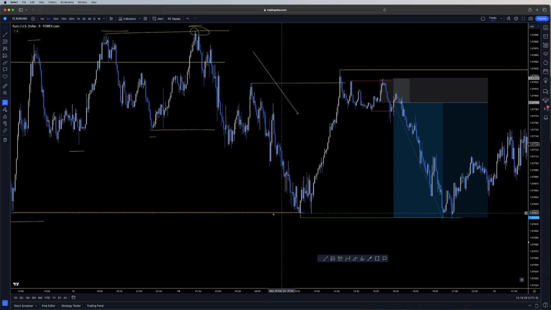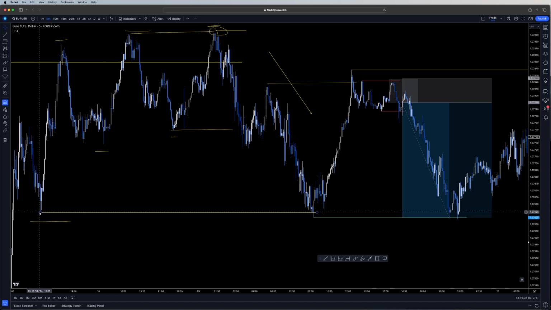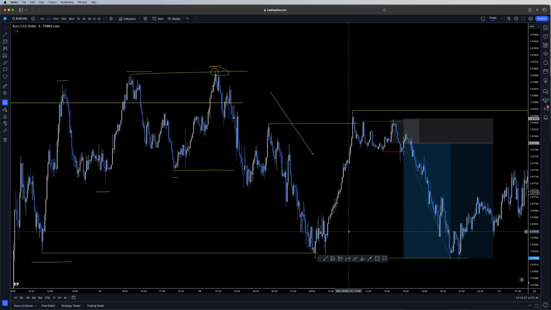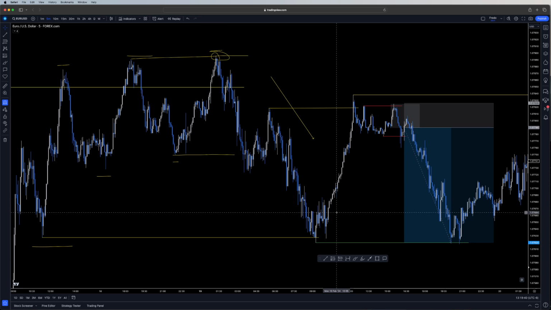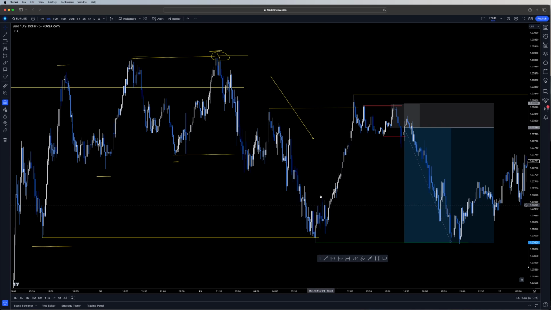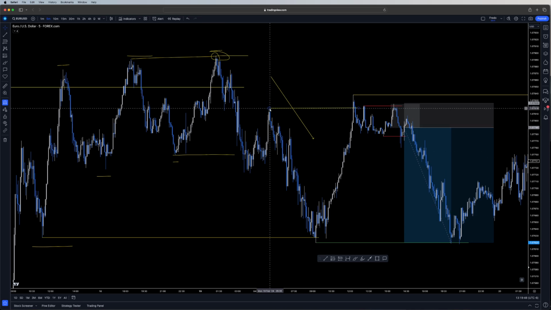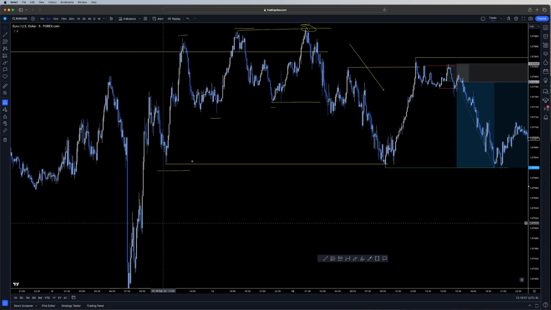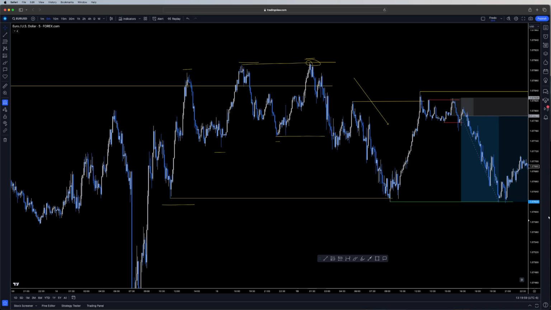But this is a sweep model because we took a significant structural level and then we had a transition immediately afterwards. So if you're only looking for the scalp / minor intraday scenario, then you're looking at an internal transition, external target. The internal transition leads us to the external target, and this kind of solidifies itself as the pullback low of the external high, sorry.